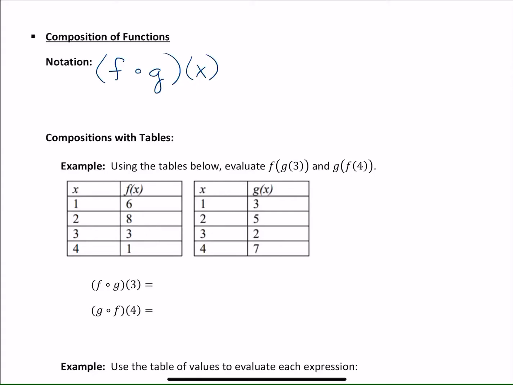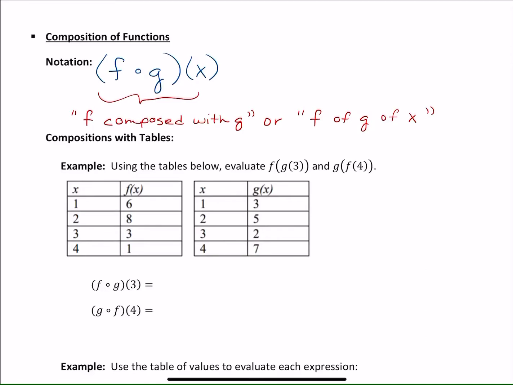When you read that, you're either going to read f composed with g, or you can read it as f of g of x. Either one of those phrases means you're taking the composition of a function.